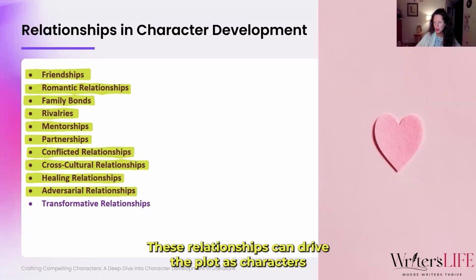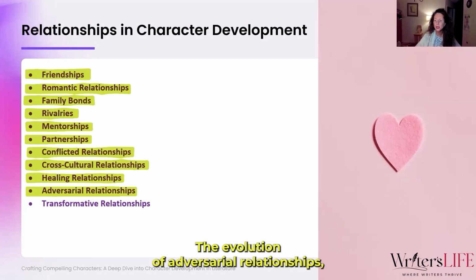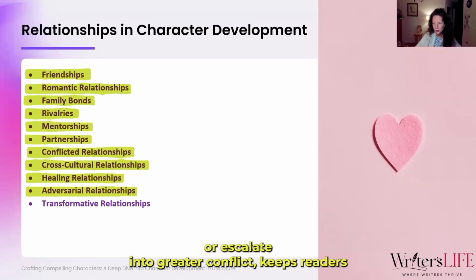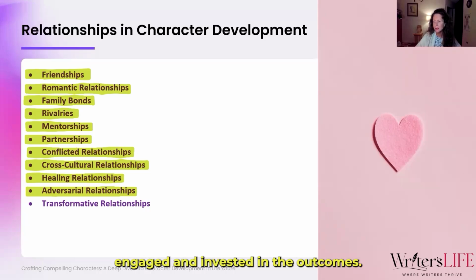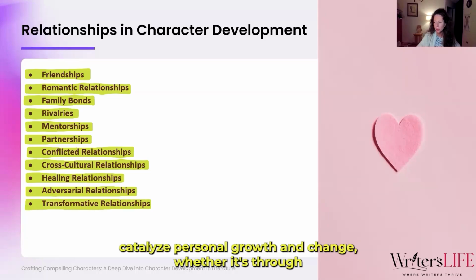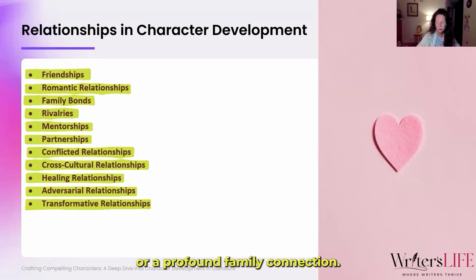These relationships can drive the plot as characters engage in a battle of wit, strategy, or outright hostility. The evolution of adversarial relationships, whether they resolve into understanding or escalate into greater conflict, keeps readers engaged and invested in the outcomes. And then finally, transformative relationships catalyze personal growth and change, whether it's through a challenging friendship, a life-changing romantic relationship, or a profound family connection.